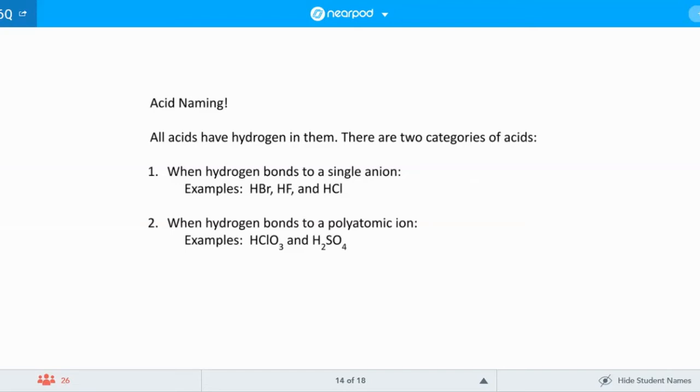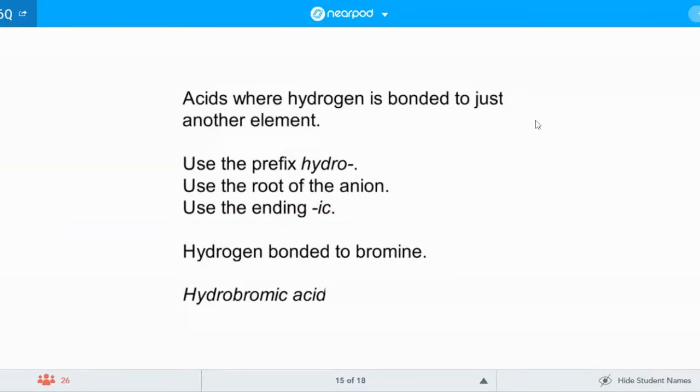So we're going to start easy. We're going to look at how the hydrogen bonds to a single anion. When the hydrogen is bonded just to one other element, to an anion, you are going to use the prefix hydro, H-Y-D-R-O, which is different than the prefix hypo. I know they sound very similar, but hydro is the prefix we use for acids.